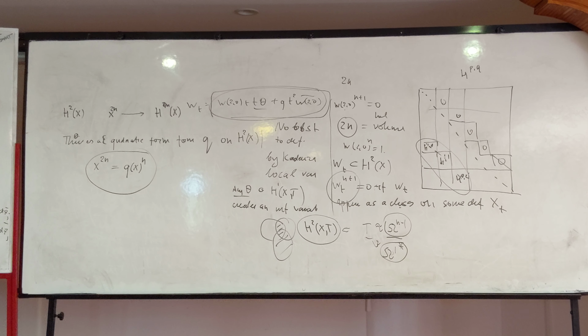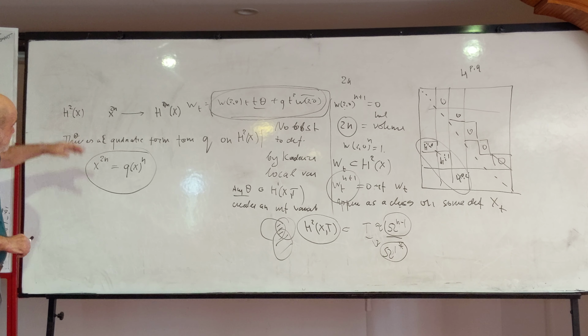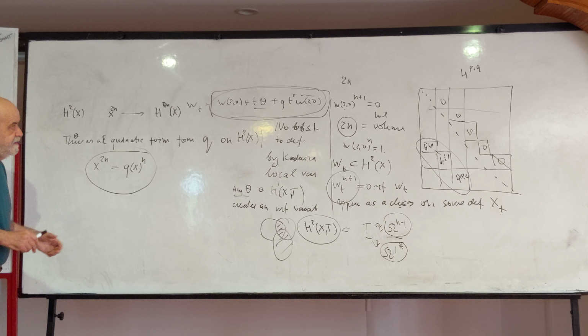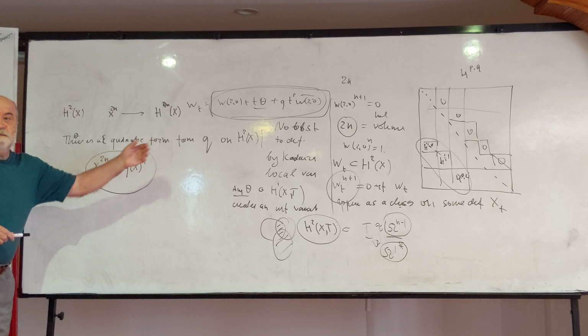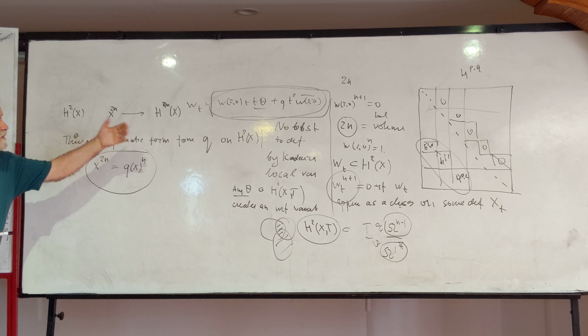Later the whole structure of this subring generated by H2 was described by Verbitsky. Then I gave a simplified version of this. But that's already quite remarkable. So this was the main point where this form Q appears.